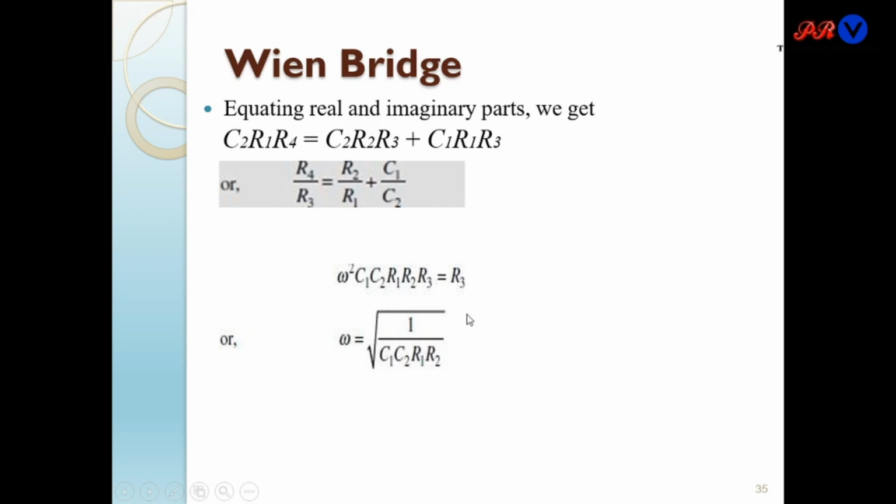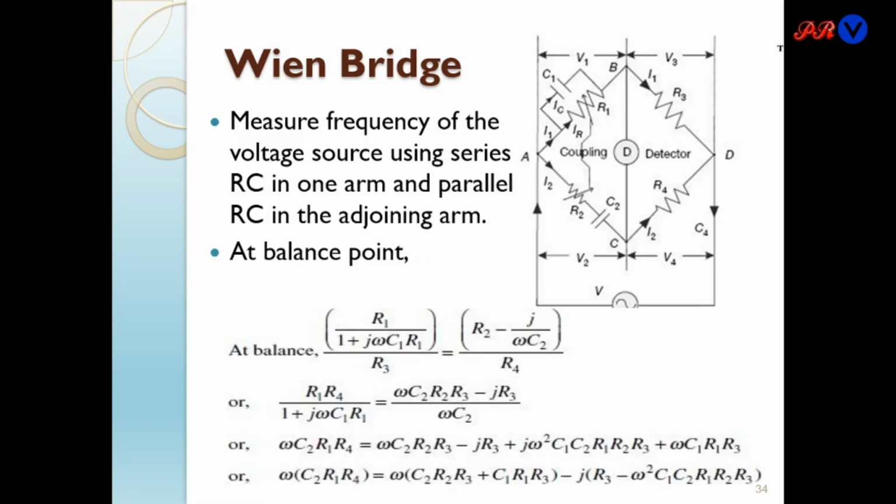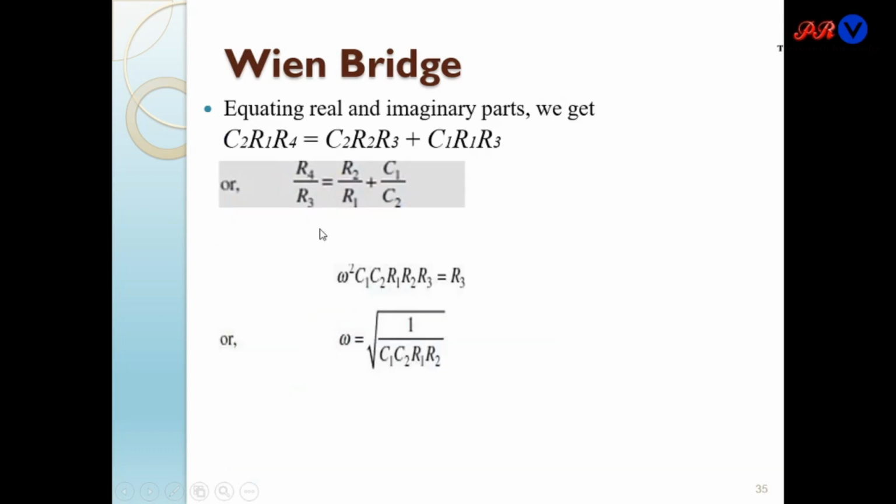So we will get this expression, which is the required frequency of the source. In this way we can measure the frequency of a voltage source using a series RC in one arm and a parallel RC in the adjoining arm. So this is about the Wien bridge, through which we can calculate our frequency.